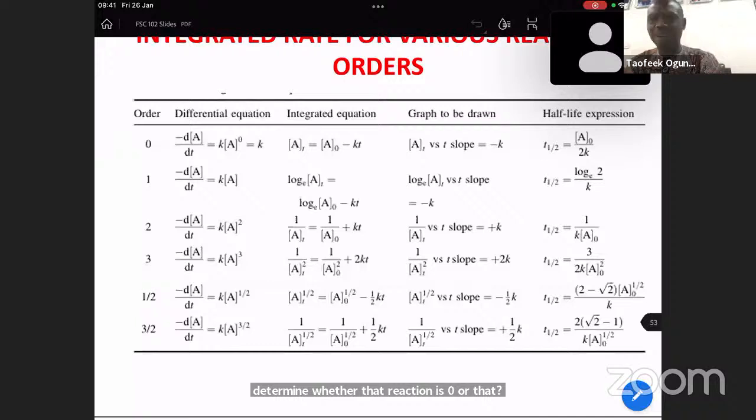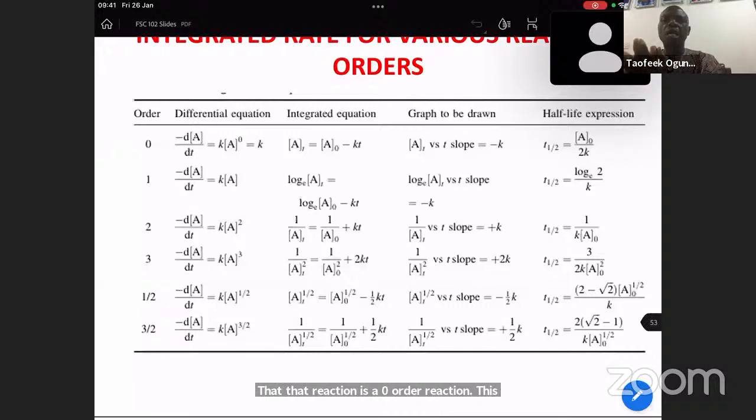You plot a graph of concentration at every time T against time. Then if it gives you a straight line, you know that that reaction is a zero order reaction, and it's going to give you a slope of negative K.